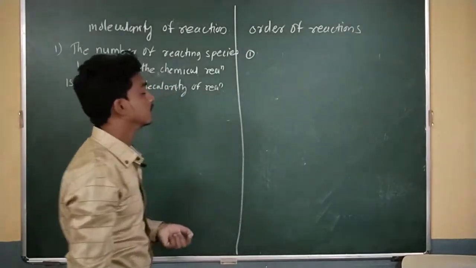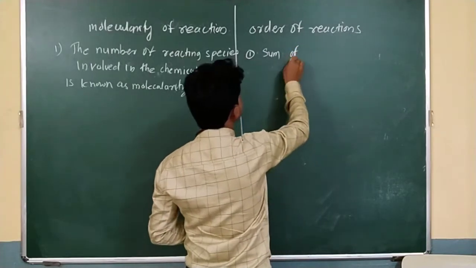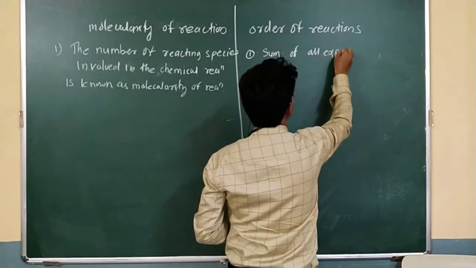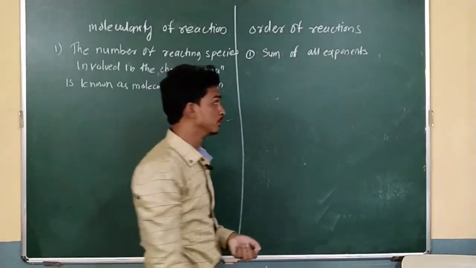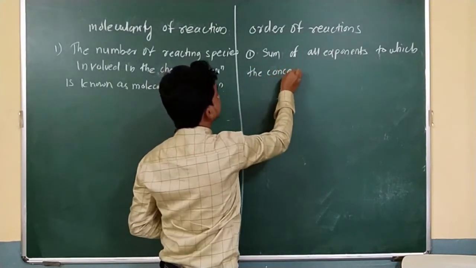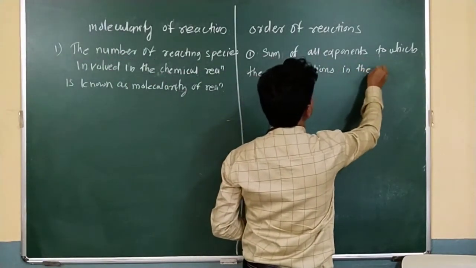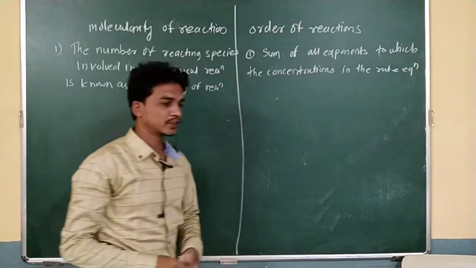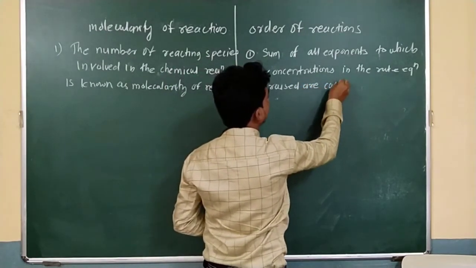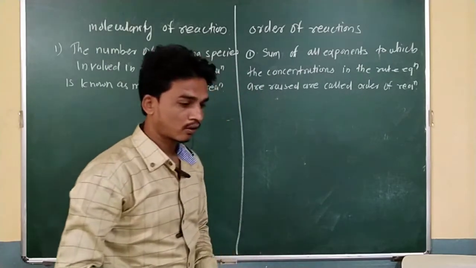Now I write the definition of order. The order of a reaction is the sum of all the exponents to which the concentrations in the rate equation are raised. This is called the order of the reaction.